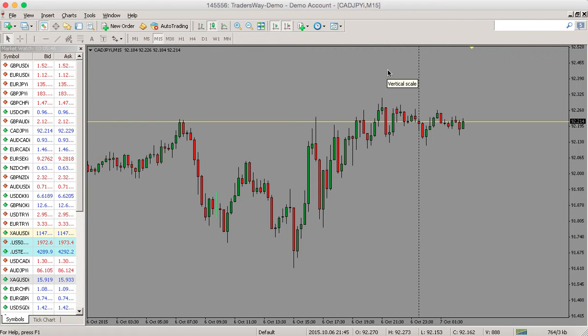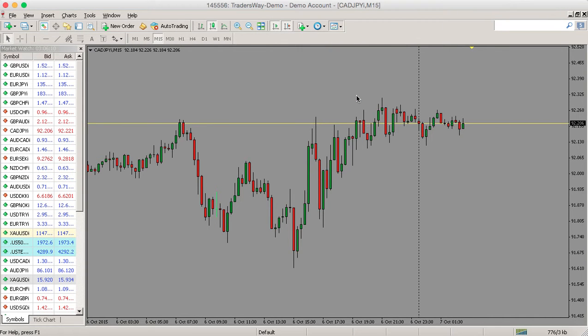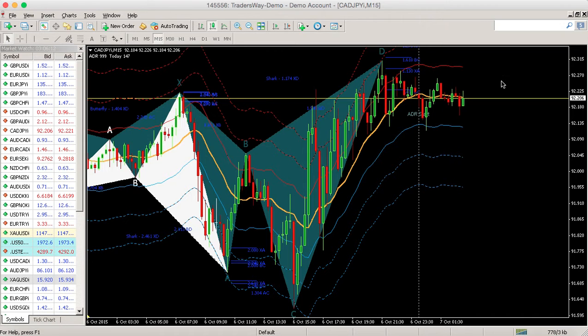Harmonics is kind of an advanced way of trading, but it's a high probability way of trading, and like we all know, trading is not 100% guaranteed, but we work from high probabilities, and I'd rather have a higher probability of knowing where the market is going than just make a prediction based on trends and stuff like that. So I'm gonna go ahead and load in the Dream Green method, and here it goes.